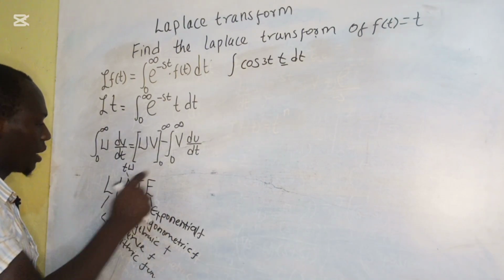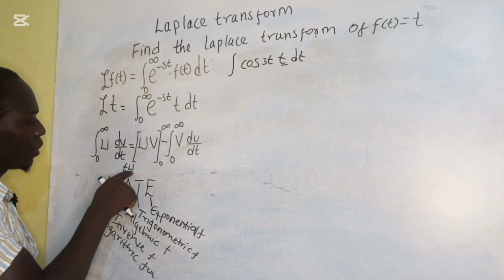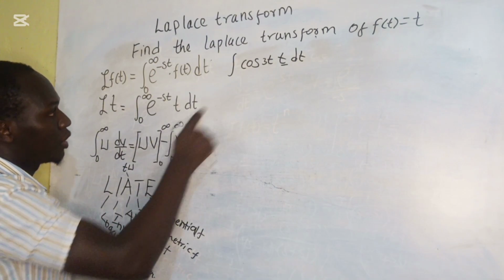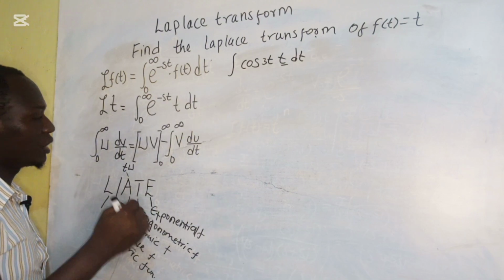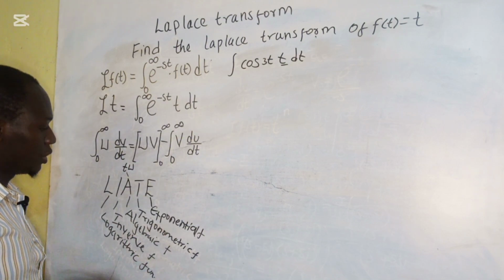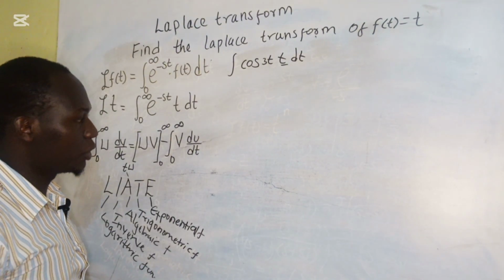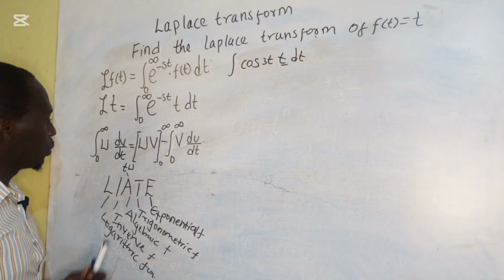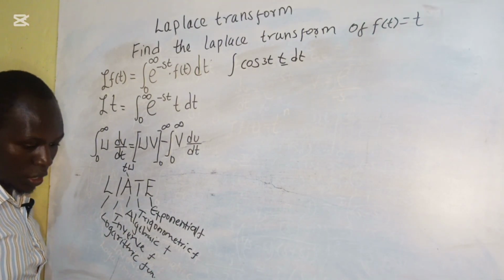You will find that the algebra, which is t, comes before the trigonometric function, cos 3t, to mean that cos 3t automatically will be dv with respect to dt. And that is how you select which one becomes u and which one becomes dv.